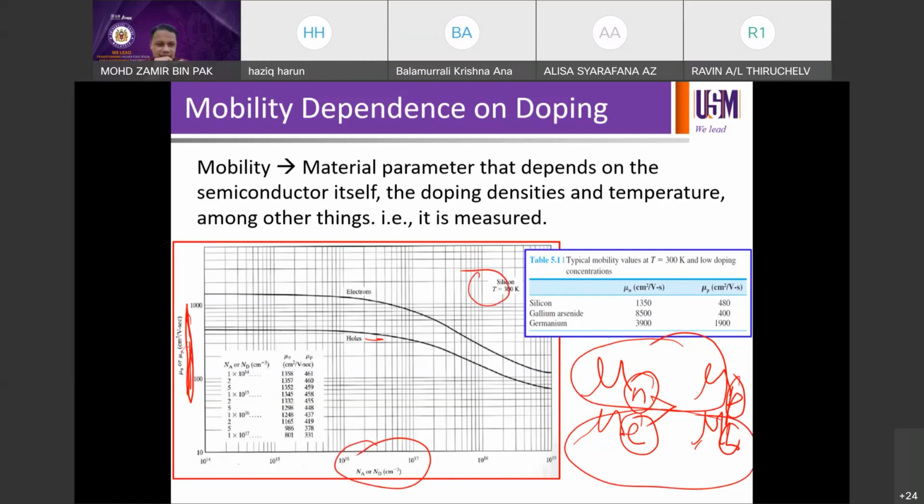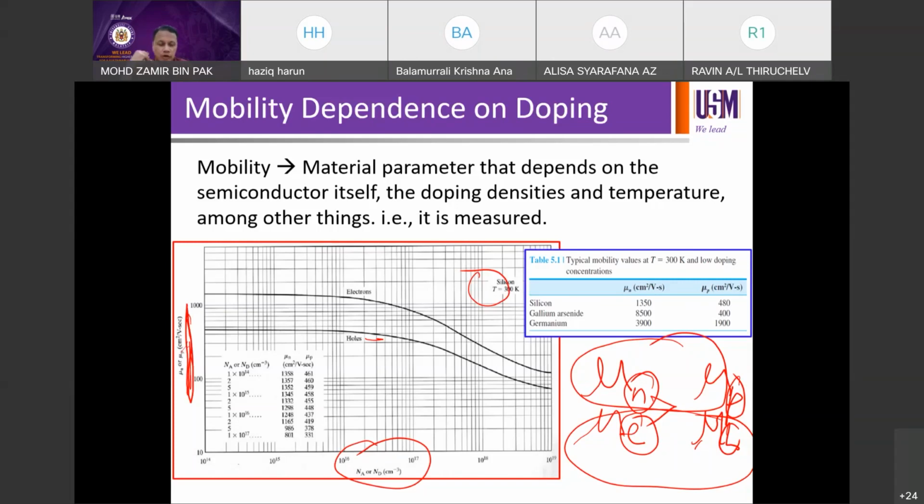Let's have a look at what the mobility of your electrons is at 1 times 10 to the 16. What's the value of mobility of your electron at the doping level of 1 times 10 to the 16? What do you get?